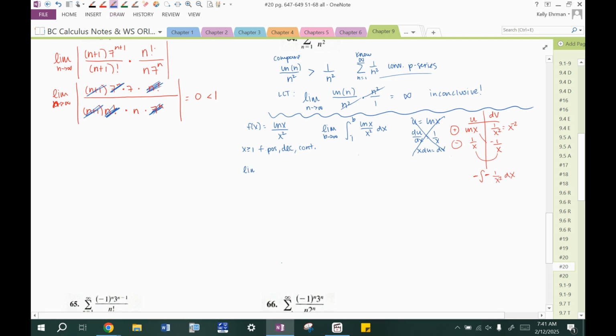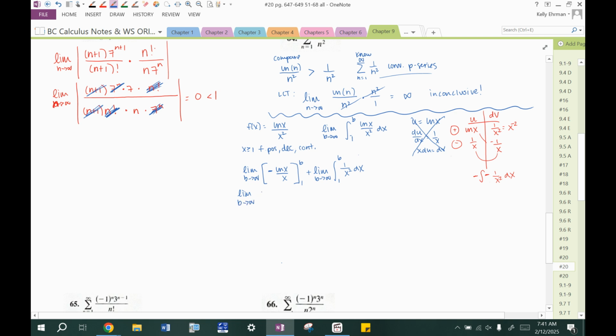So there's still a limit as b approaches infinity of, this first part is not in an integral, it's just negative ln x over x. That gets evaluated from 1 to b. And then minus negative, so I'm going to write plus, limit as b approaches infinity of, this one's still an integral, 1 to b of just 1 over x squared dx, which we can integrate.